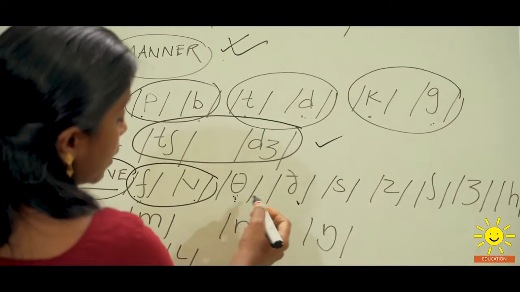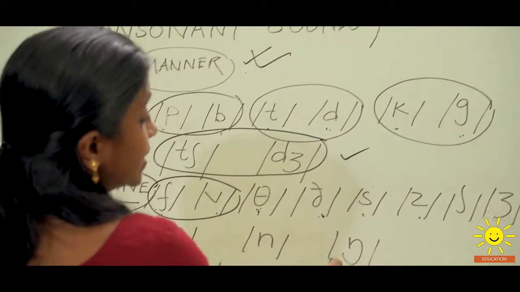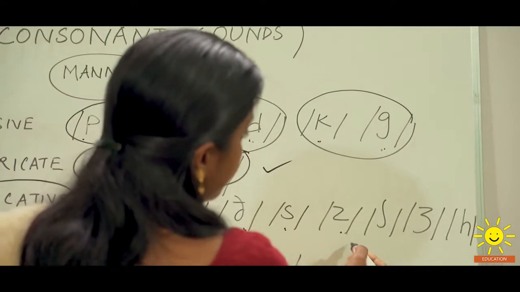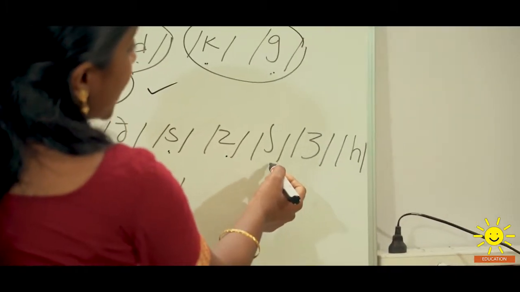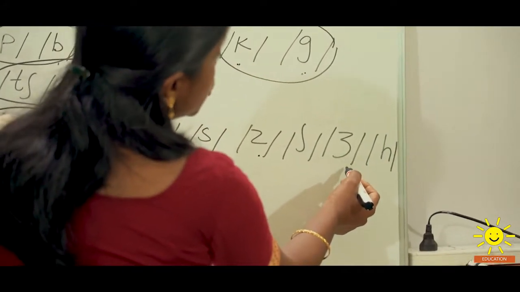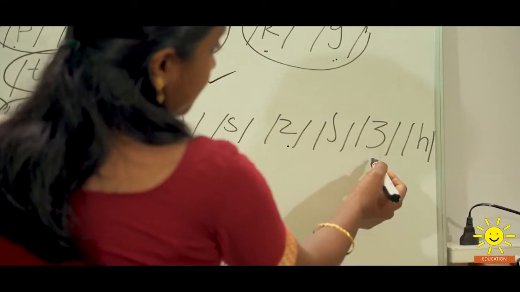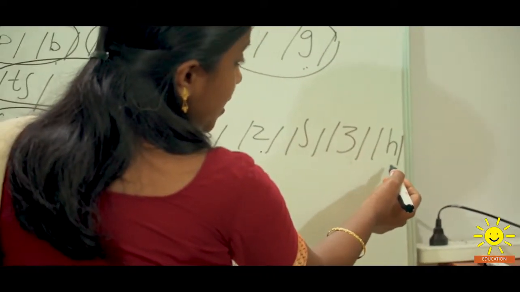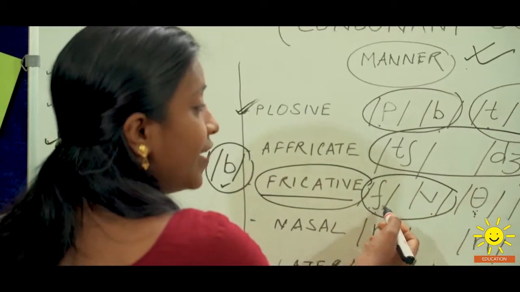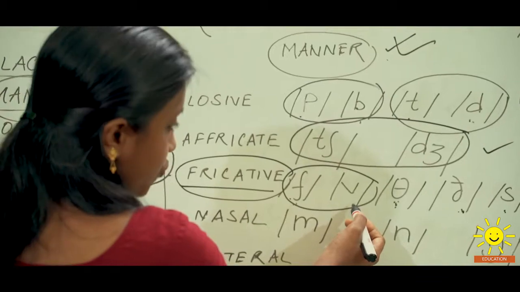I repeat, th, s, z, as in sun, sin, z, as in zoo, zinc, sh, as in shine, shoe, zh, as in measure, pleasure, treasure, h, as in heart, him, her, f, as in fan, fin, v, as in van, victory.